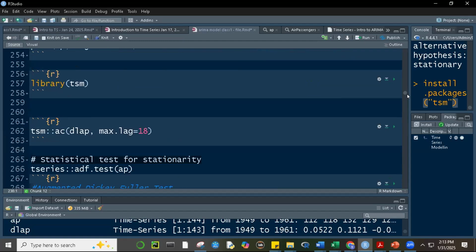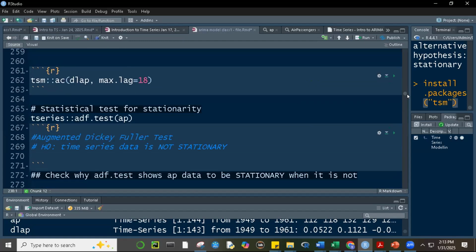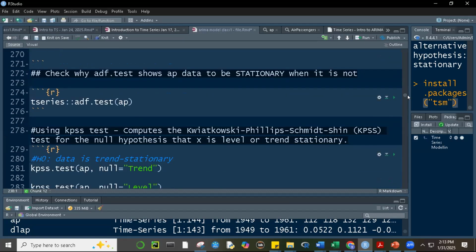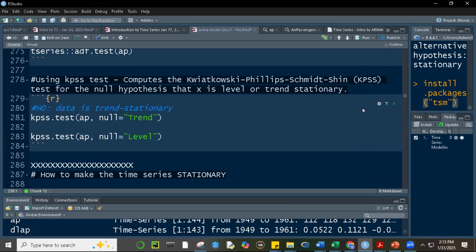Now, I want you to look down here, class. There is one more test. It's the KPSS test, the Kwiatkowski-Phillips-Schmidt-Shin test. Long name. The null hypothesis here is that the time series is level or trend stationary.